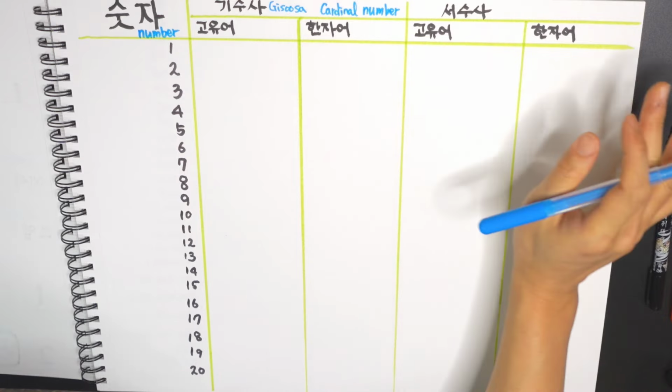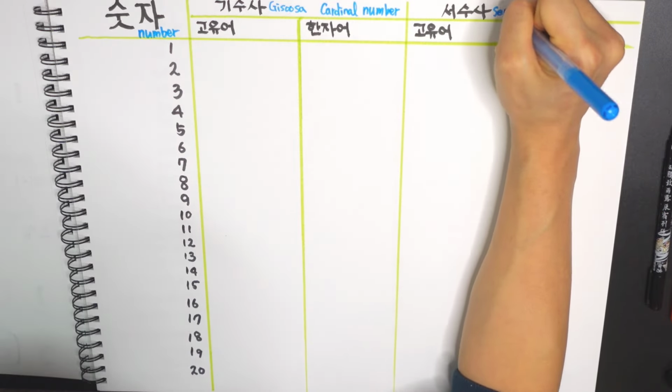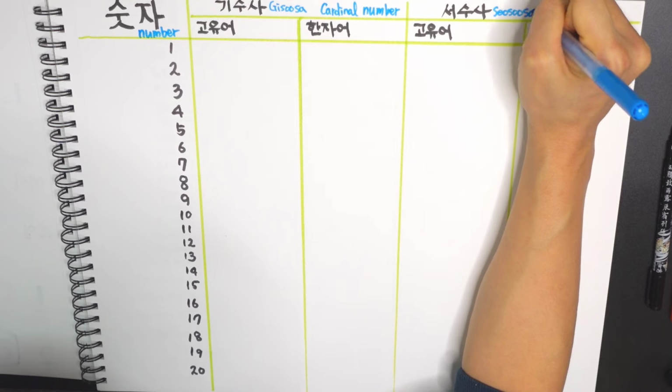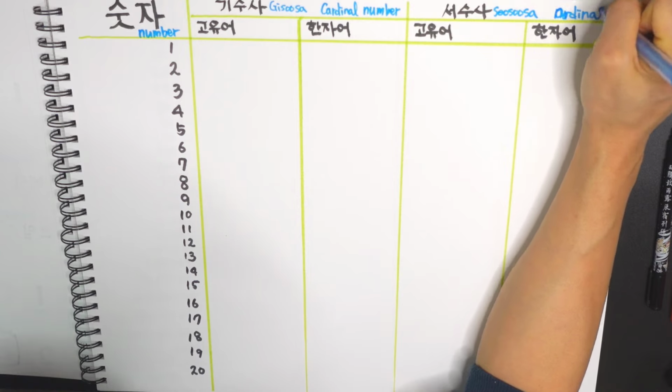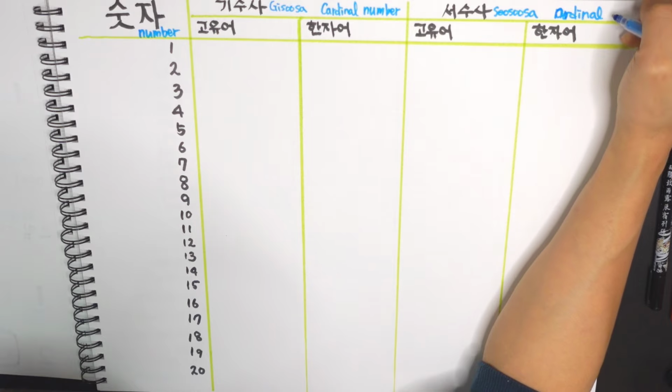And we have 서수사, which is nominal. No, actually ordinal. So ordinal number system.